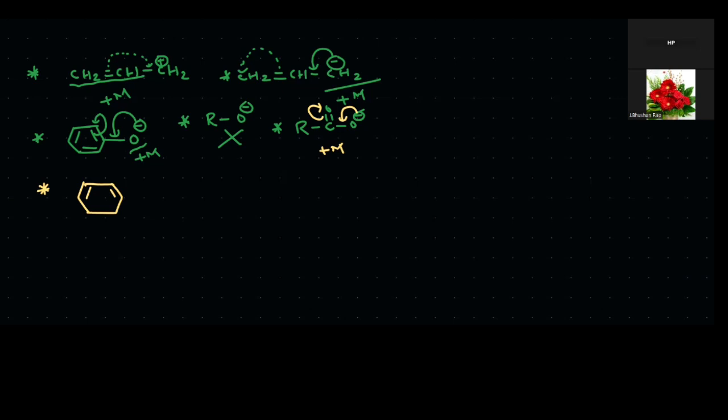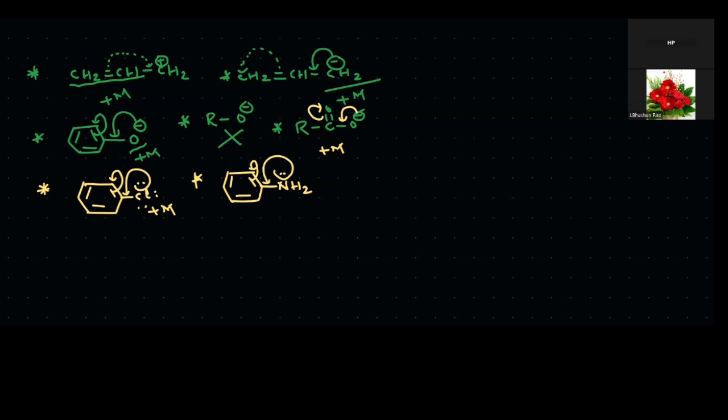So like this. Here this chlorine donates the electrons, and these electrons move towards this. Here also again chlorine acts as a plus M group only. Again nitrogen donates the electrons. Here also this group acts as a plus M group.